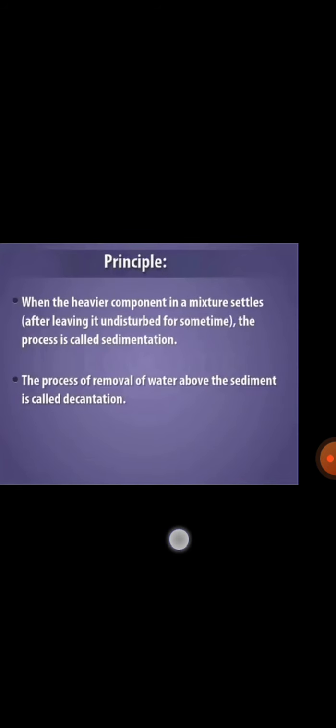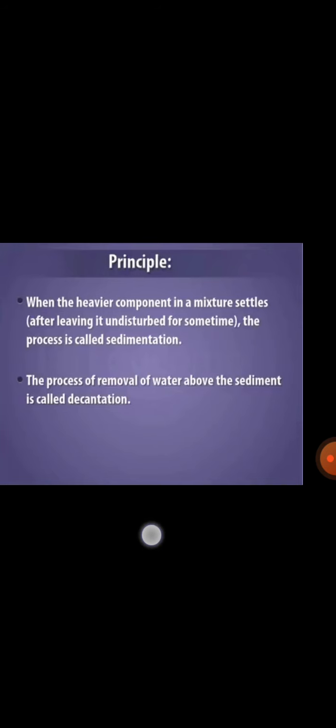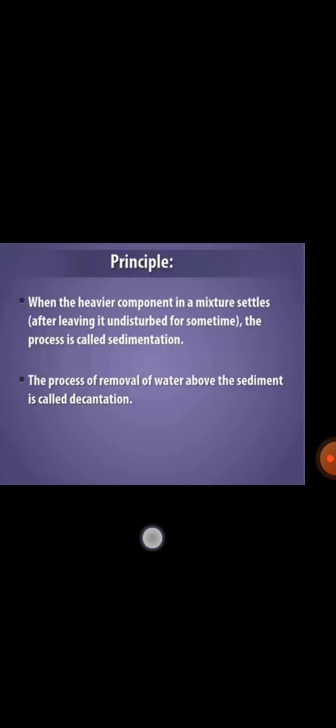The heavier component of the mud gets settled down at the bottom by the process of sedimentation. That process is called sedimentation. Now, when you remove the water that is collected above the sediment, that is called decantation.